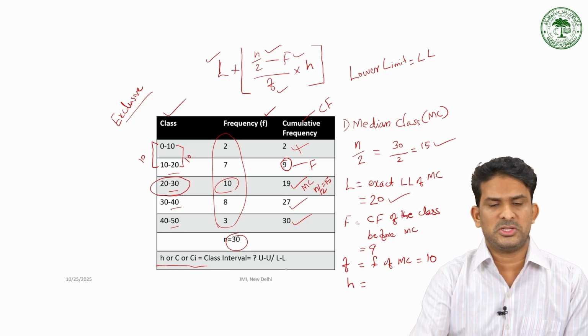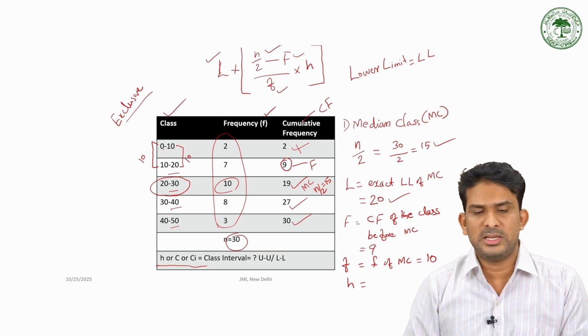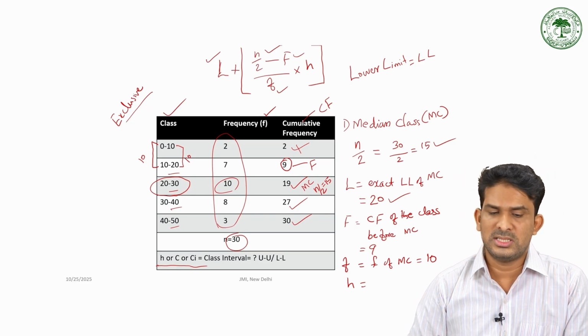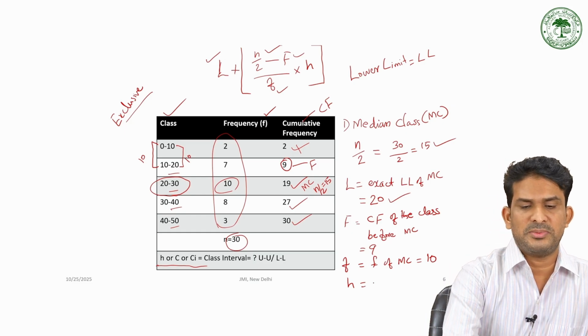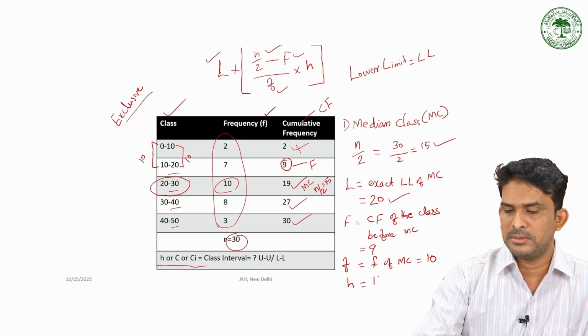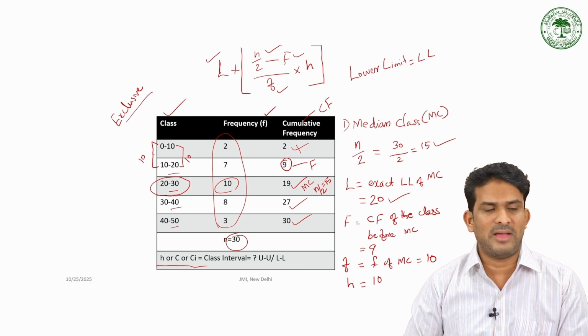That is H or C, the class width. Here the difference between these two is 10. So all the values we got. Is it clear?